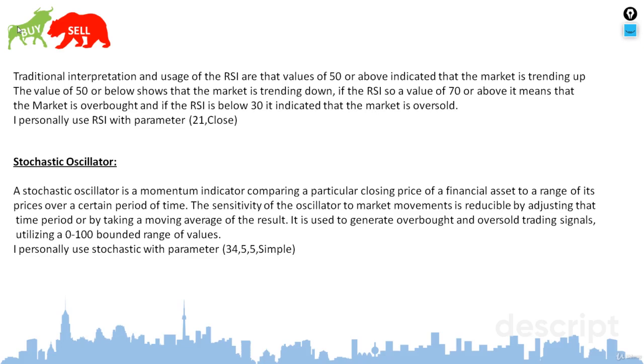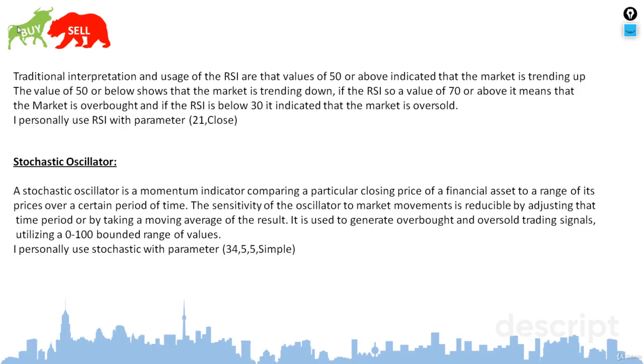In second place, we are going to see the stochastic oscillator. A stochastic oscillator is a momentum indicator comparing a particular closing price of a financial asset to a range of its prices over a certain period of time. The sensitivity of the oscillator to market movement is reducible by adjusting the time period or by taking a moving average of the results.